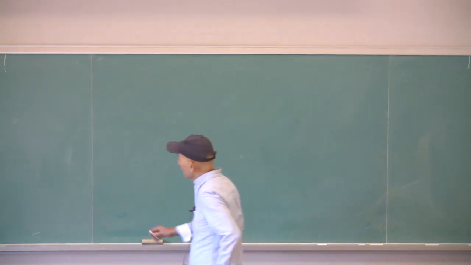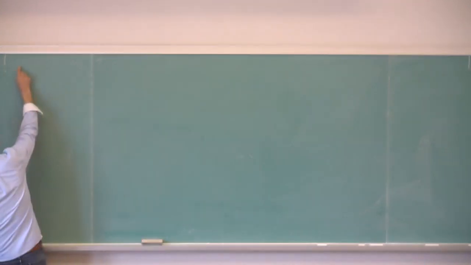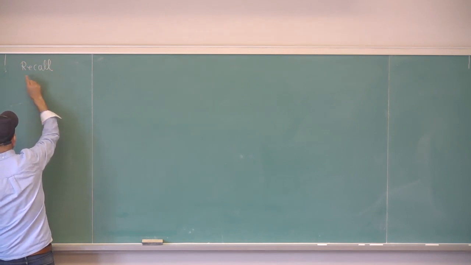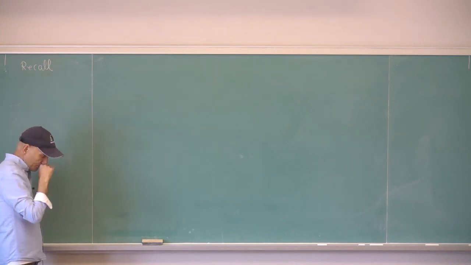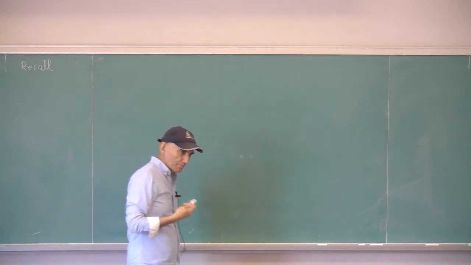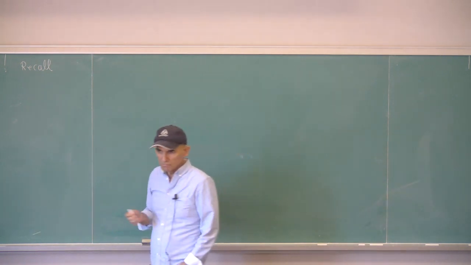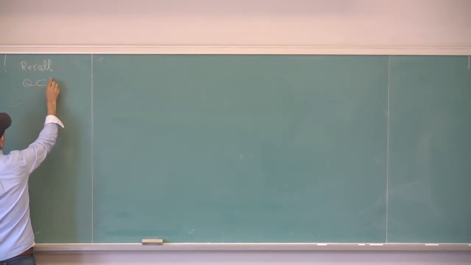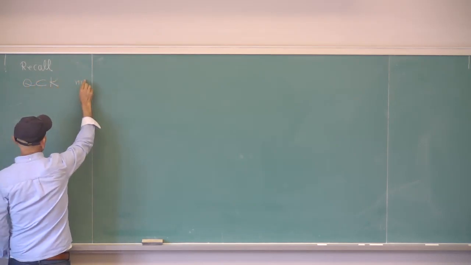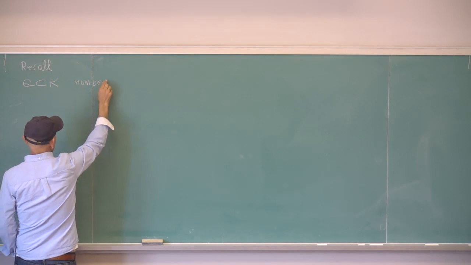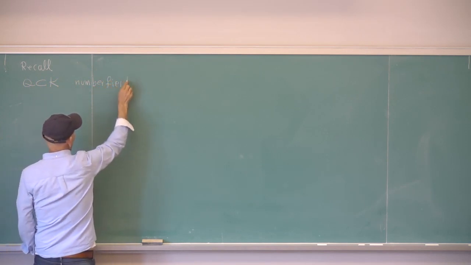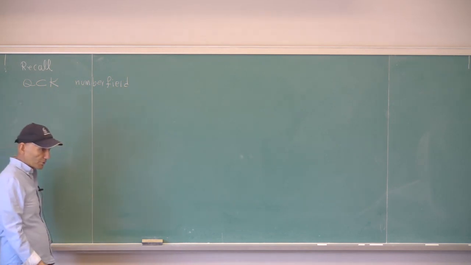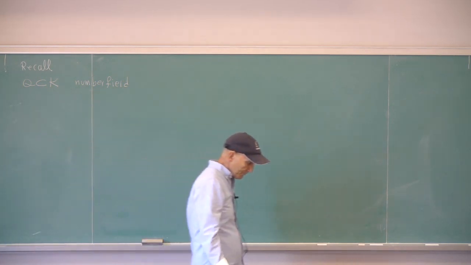Yeah, let me first recall what we've been doing in the last few lectures. So we are dealing with algebraic number fields. These are finite field extensions of the field of rational numbers Q, right?